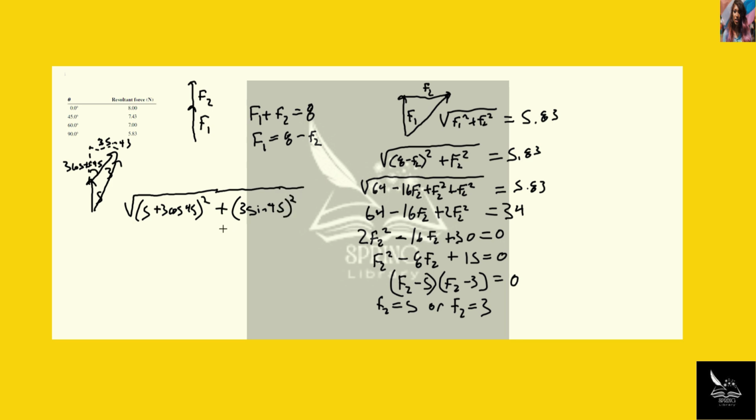All right, and if we do this out, we get an answer equal to 7.43, which is what we're looking for. So this implies that f1 equals 5 and f2 equals 3. So f1 is greater than f2. That's part A.